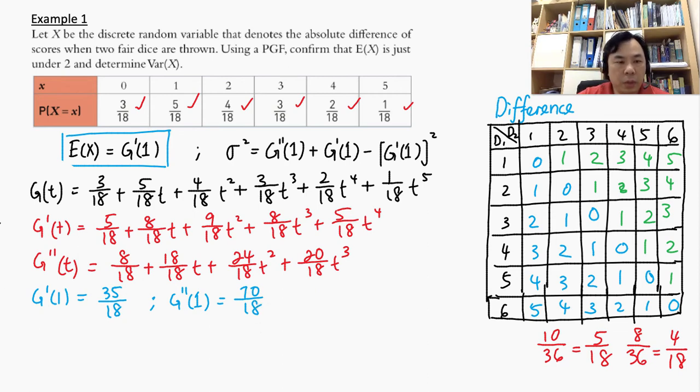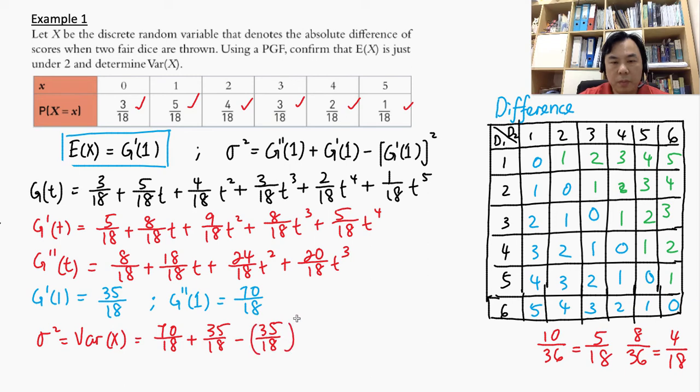Now, once you are ready with this value, all you need to do is substitute into the formula for variance. Therefore, variance can also be written using this form here, Var, which is given by the second derivative, 17 over 18, and then add my first derivative, and then subtract the square of my first derivative.